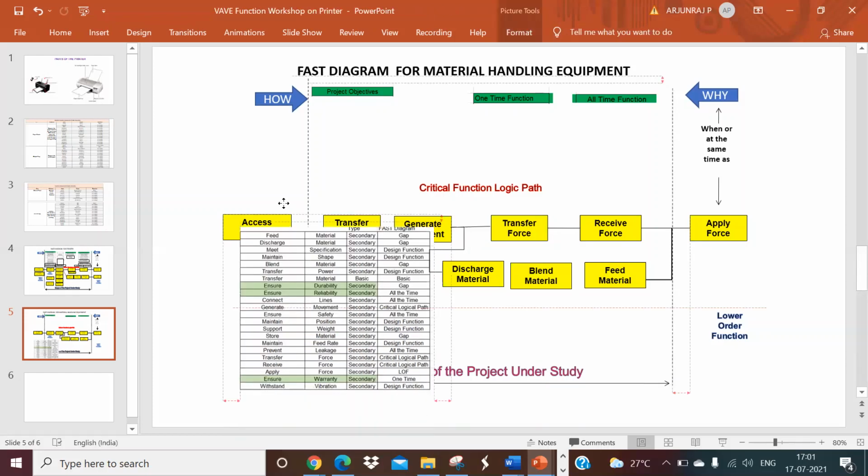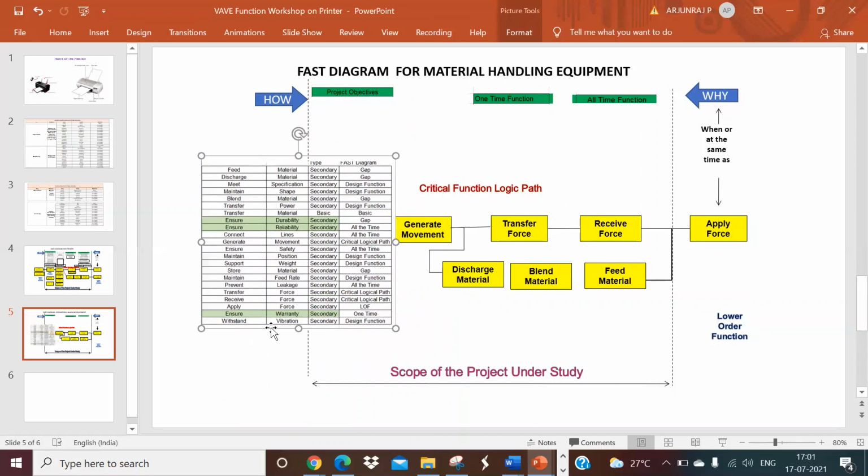Now we have completed the complete analysis. So like this is the FAST diagram. Let us see once again, store material. When I'm blending material, where can I store my material? Even that also, you see here, gap, blend material completed, store material, feed material completed.